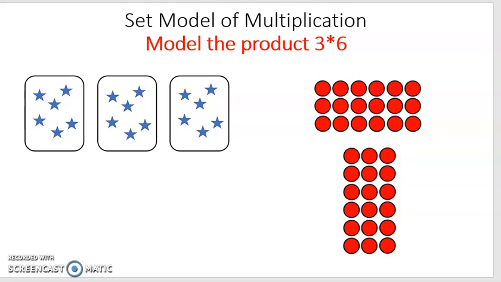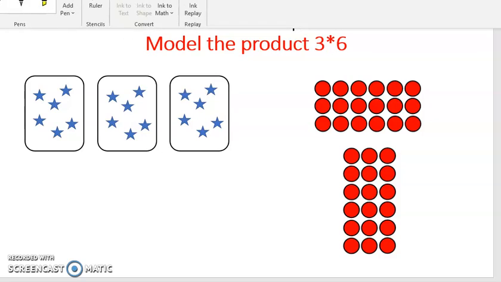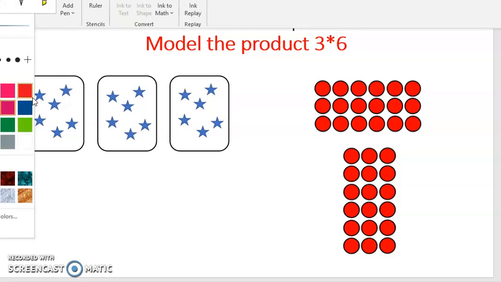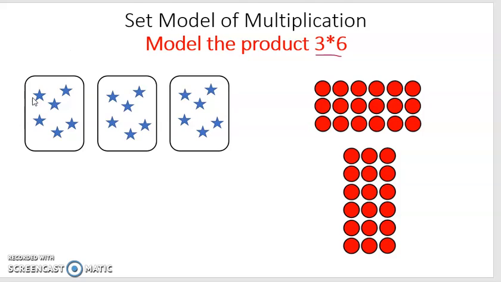There are a couple different ways you can represent or depict multiplication. One is using sets, so a set model of multiplication. In these images, I'm depicting the product 3 times 6. One way to depict that is 3 sets of 6.